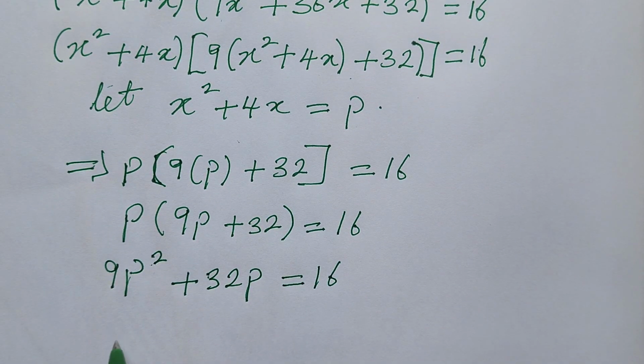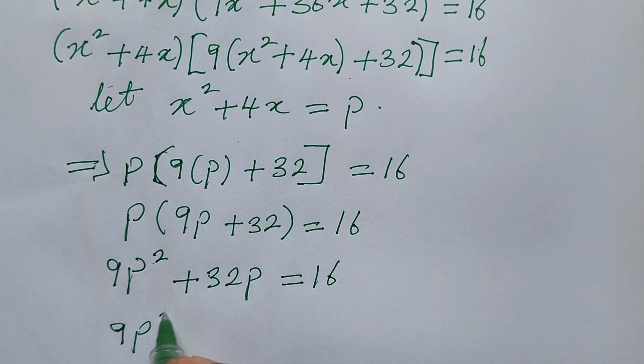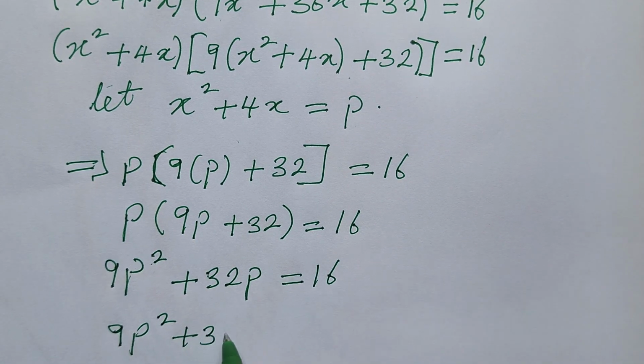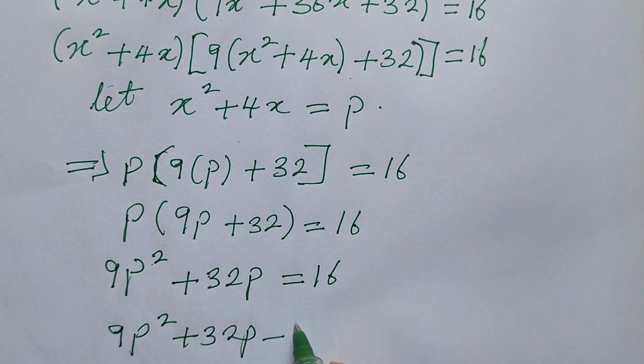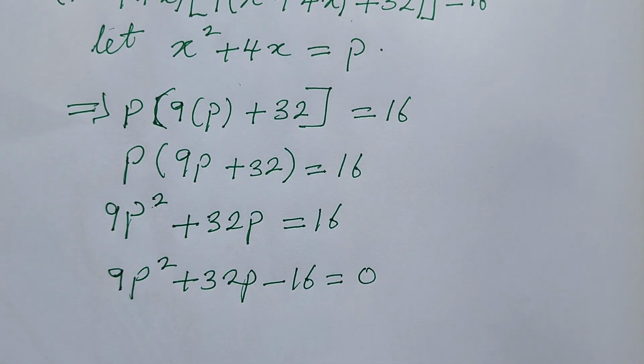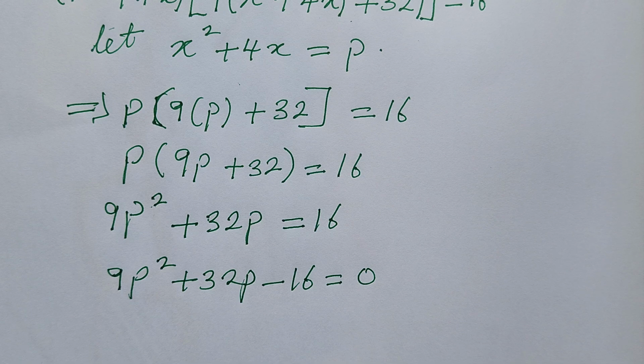So collecting our like terms, we have 9p² + 32p - 16 = 0. This is a quadratic equation, so we have to solve this.